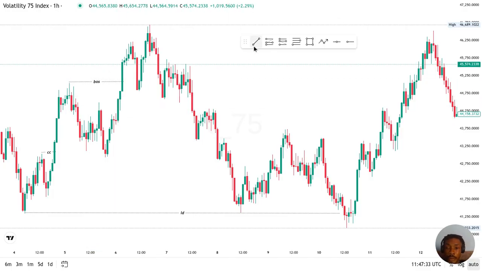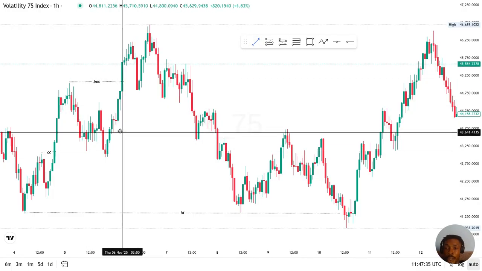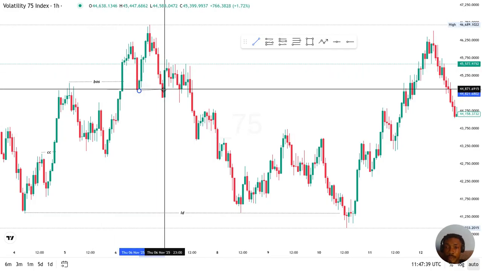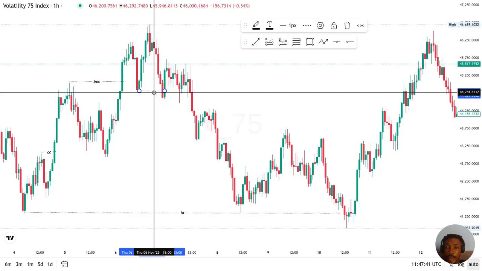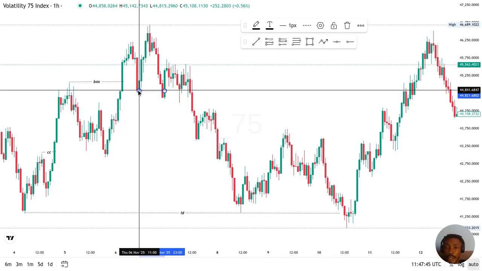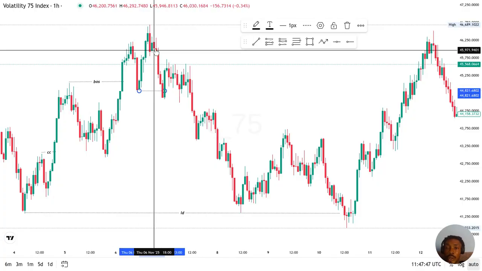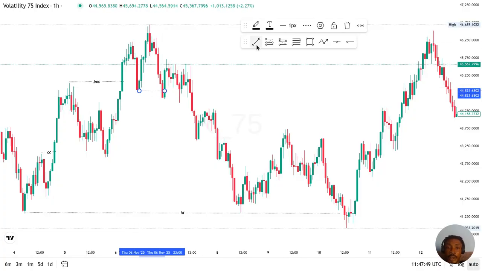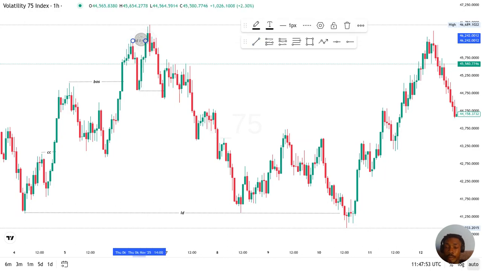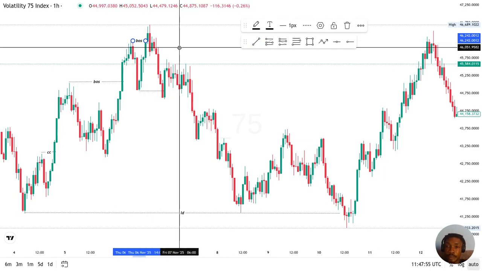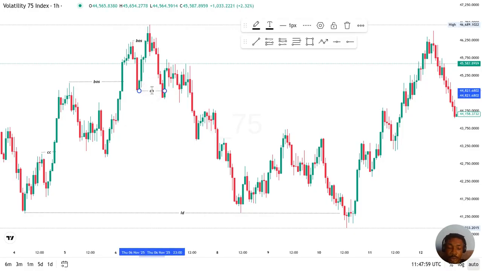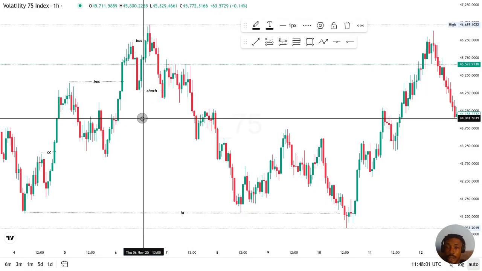Now we have a change of character here, because the market broke like this, came back here, made a low, and broke this high, which is also a break of structure. So now we have this as the source change of character.